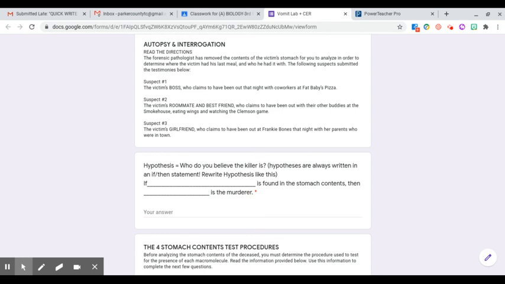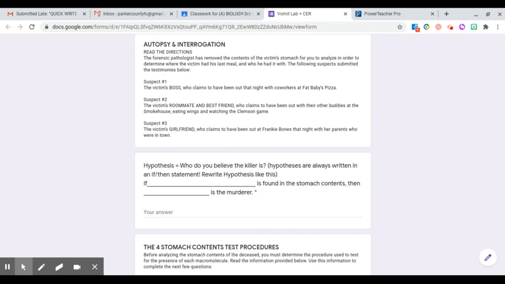For the autopsy, you're actually going to test the stomach contents of the victim, and you are going to see what macromolecule was found in the victim's stomach. You also interrogated 3 suspects that ate at the 3 different restaurants.